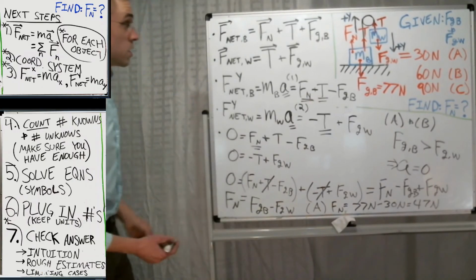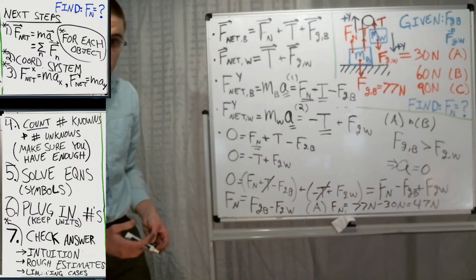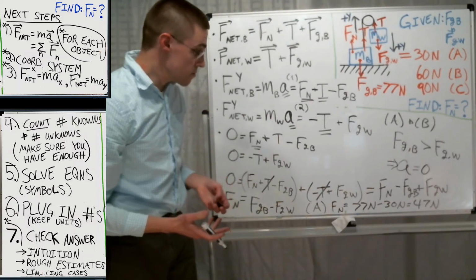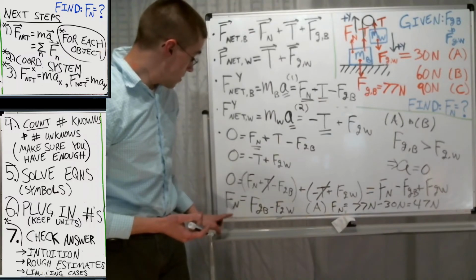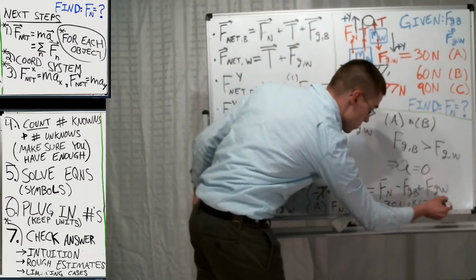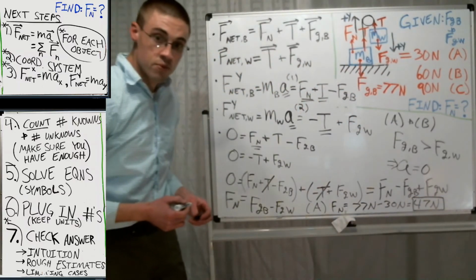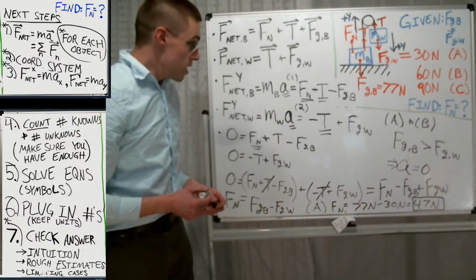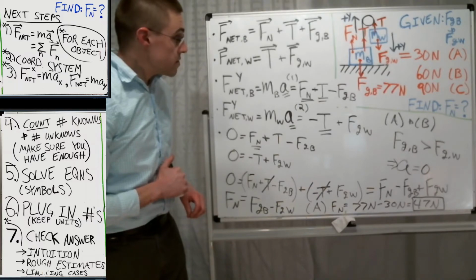In part B, it would be 77 newtons minus 60 newtons, which is 17 newtons. Okay, and so I can box in my answer. I have no room to write down part B, but that's fine because it's pretty much the same as part A. And now I'll erase the board and we'll do part C.